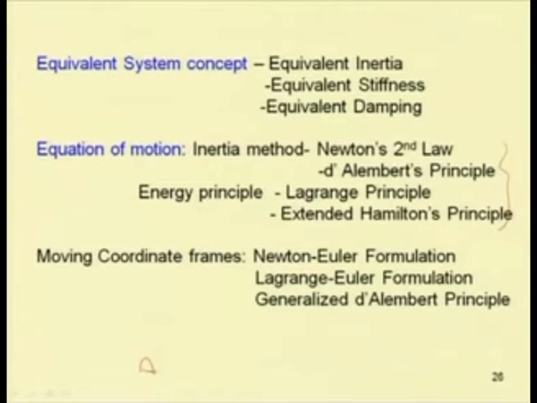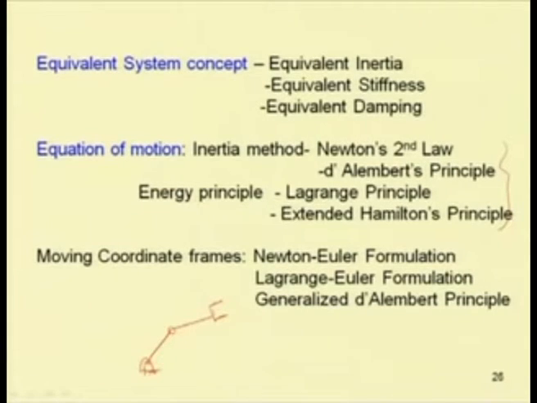So, in the case of a robotic manipulator, let us take a 2-link robotic manipulator. In this case the end effector position and orientation can be represented with respect to the base by using different moving coordinate frames.